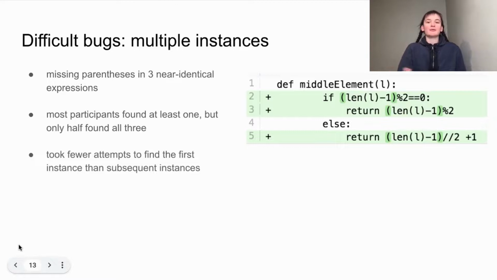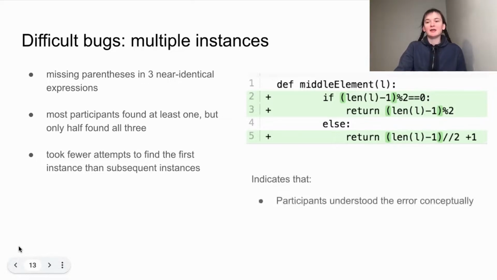Moreover, the participants who did find several instances tended to take fewer attempts, so less time, to find the first instance than the subsequent instances. We think that this indicates that participants did understand the error conceptually, or at least most of them did, but they had difficulty seeing the problem in the code, even when they understood the problem.